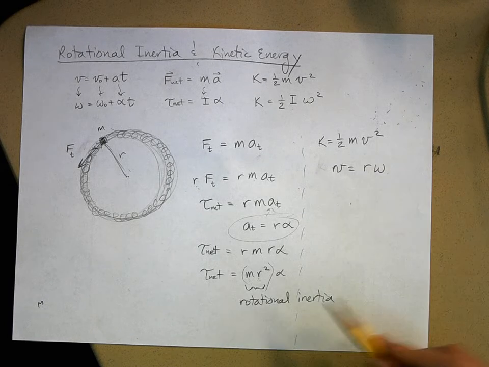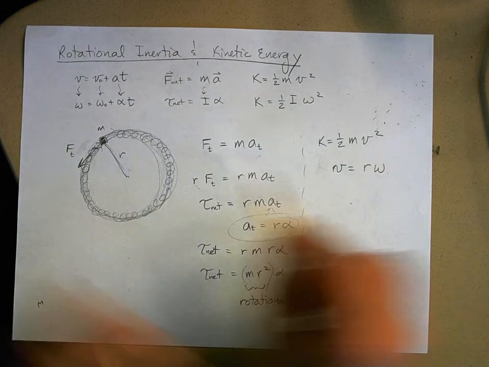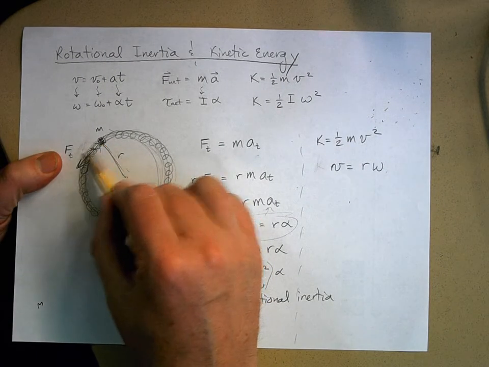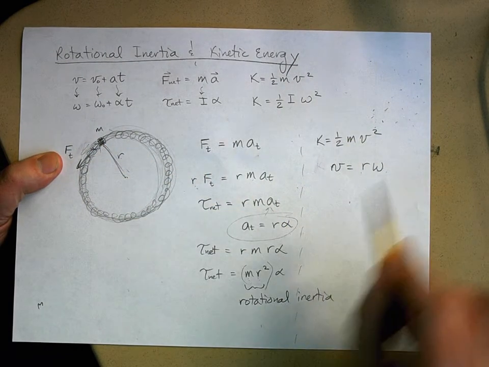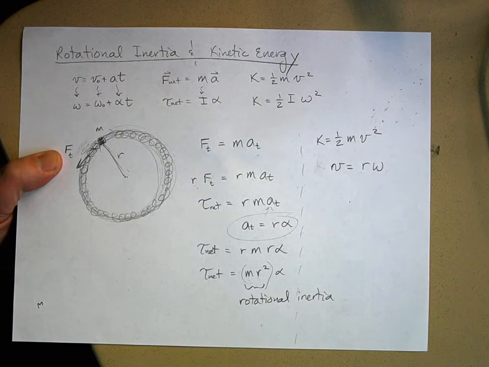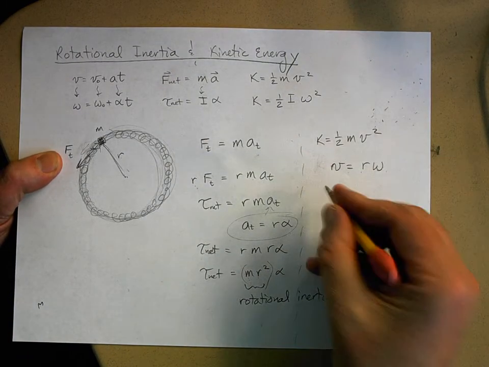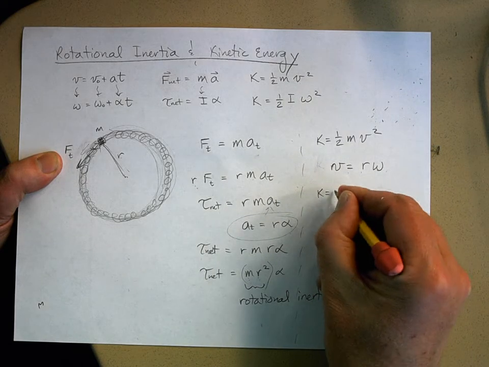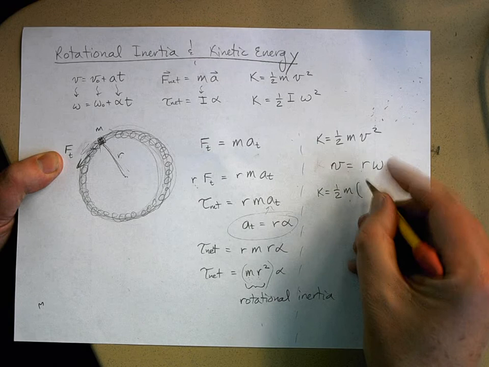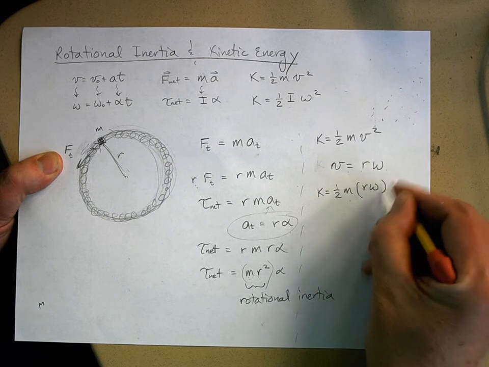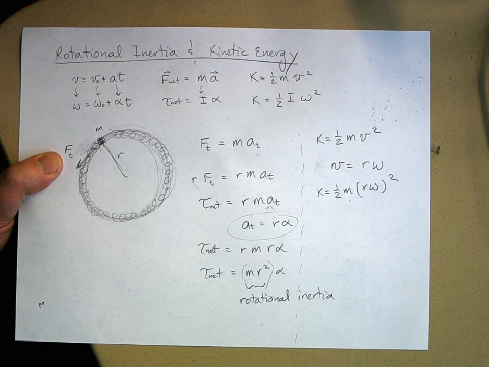Since I know that the speed of this thing moving around this circle, v, is equal to r times the angular speed, or angular velocity, I can now make a substitution. I can say K is equal to 1/2 mv squared. But v is r omega.